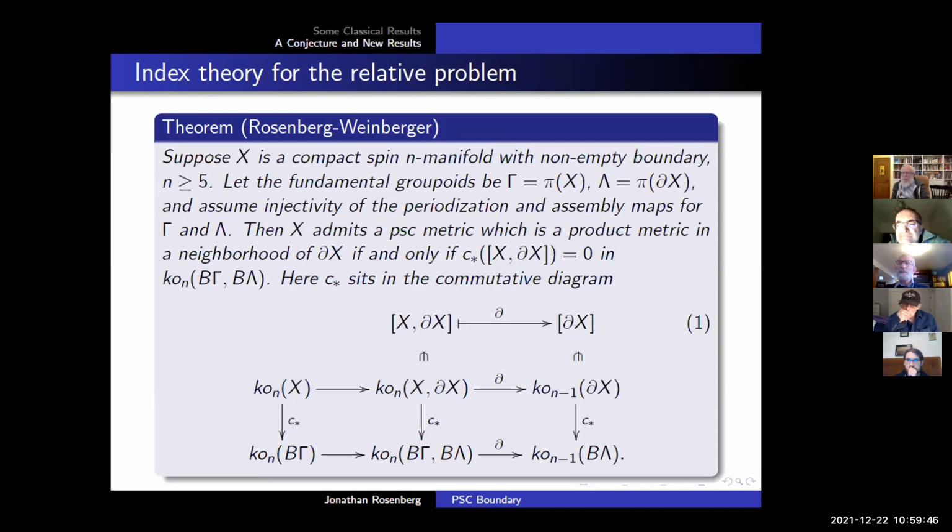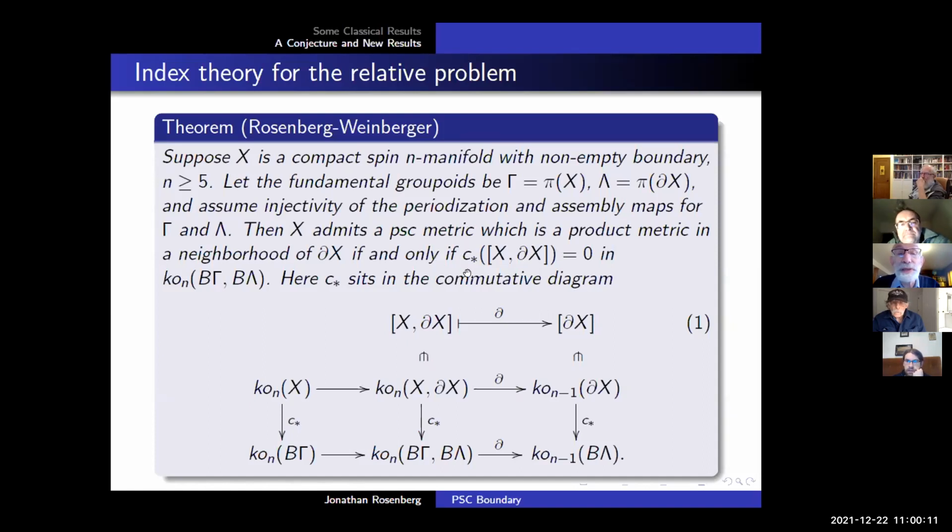The stable Gromov-Lawson-Rosenberg conjecture, I believe, is implied by the conjecture of Alain Connes. Yes, that's true. And by the way, you could form a stable version of this also.